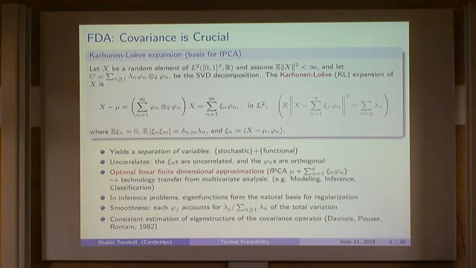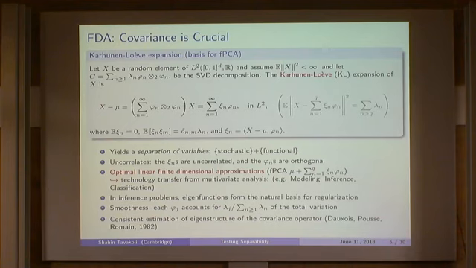It says the following: suppose that X is a random element of a Hilbert space, has finite expected square norm, and let C be its covariance operator, and you write C in its eigendecomposition. It's the sum of eigenvalues times eigenfunctions times their transpose. If you don't like this, just think about a singular value decomposition for a symmetric matrix.